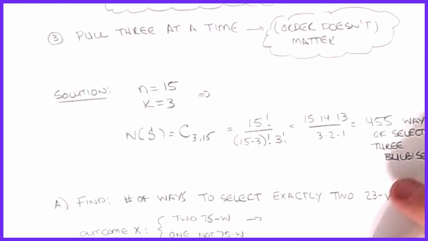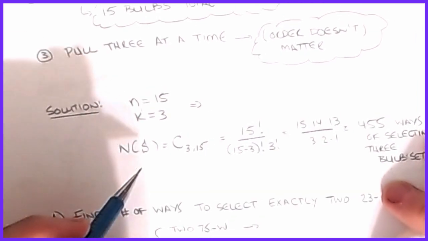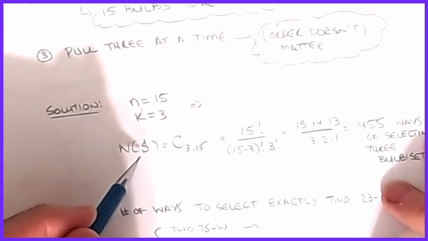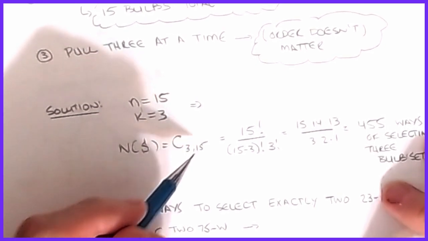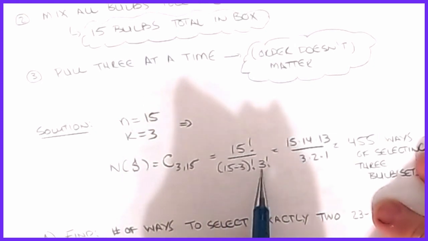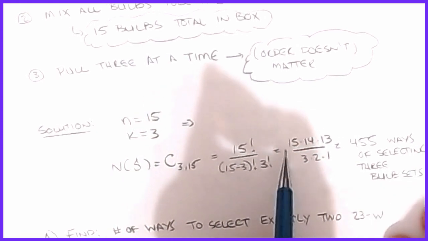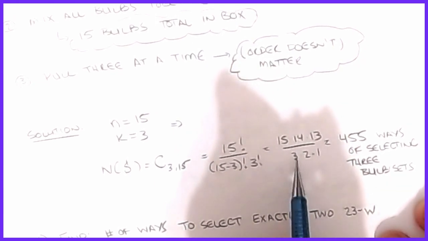First, we need to count the number of possible outcomes in the sample space. We said that was a combination of 3 pulls on 15, so we're looking at 15 factorial over 15 minus 3 factorial over 3 factorial. If I do the math, it simplifies down to 15 times 14 times 13 over 3 times 2 times 1.